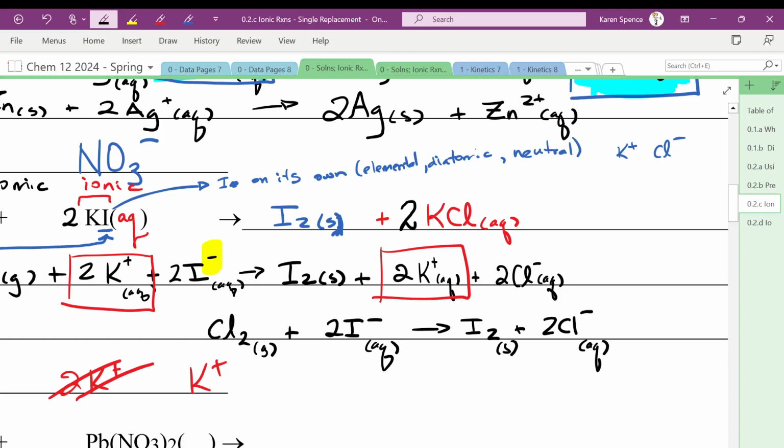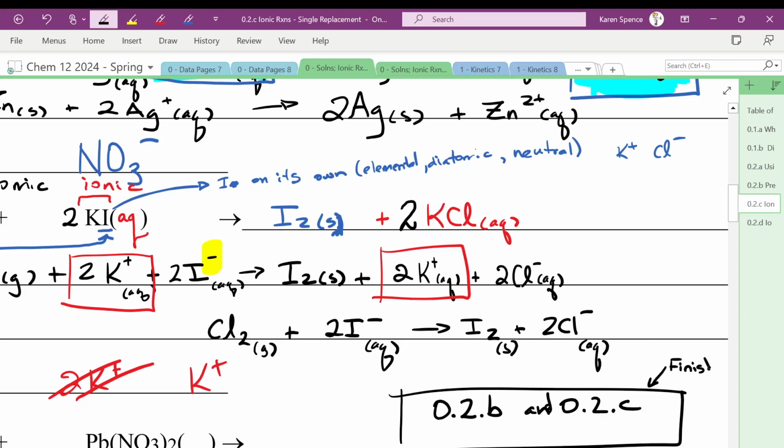And your job between now and tomorrow, and you have 15 minutes to work on it right now, is to finish 0.2b and 0.2c.